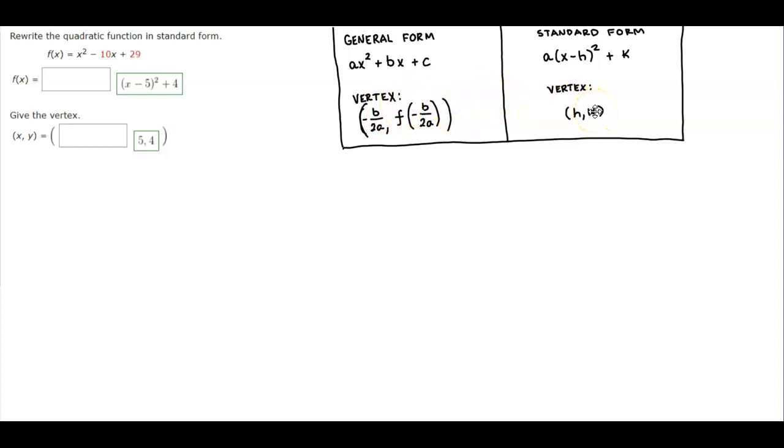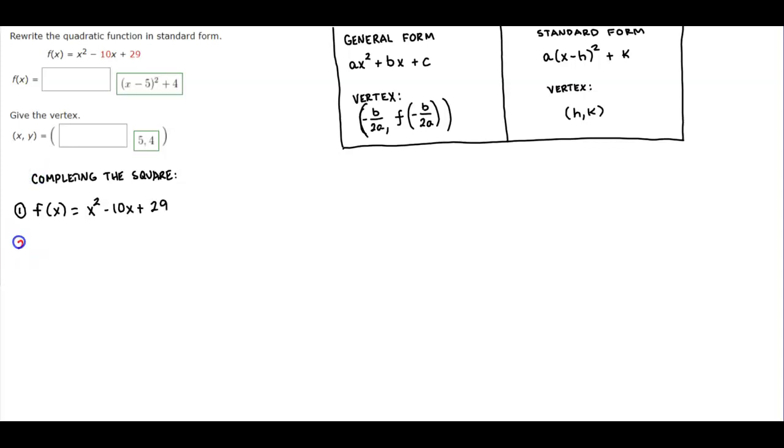Okay, so let's go ahead and do the first one by completing the square. We're going to first write out what our function states, which is f of x equals x squared minus 10x plus 29.